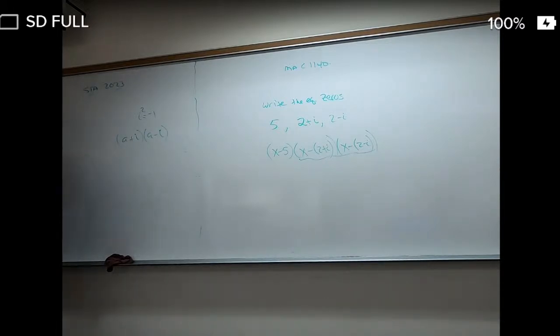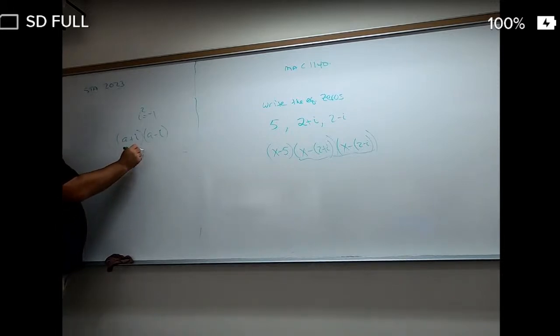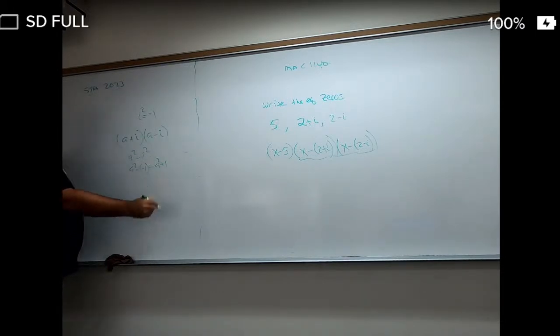A squared and then minus 1. A squared minus i squared, yes? I squared is -1, so it's A squared plus 1, do you agree?